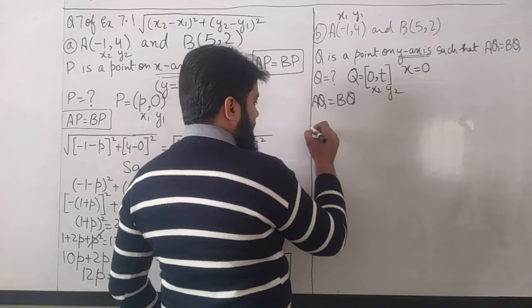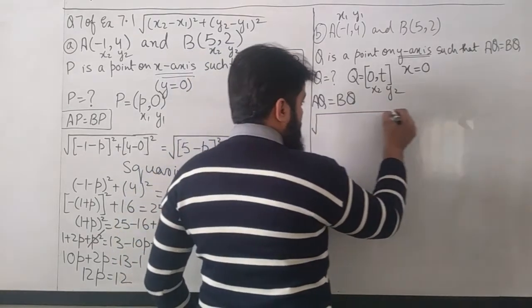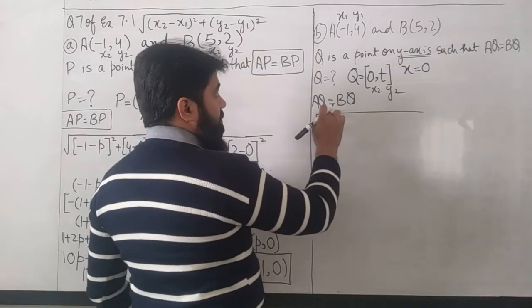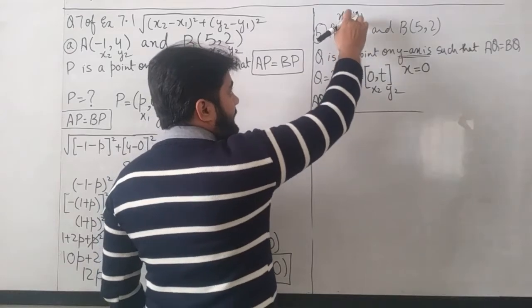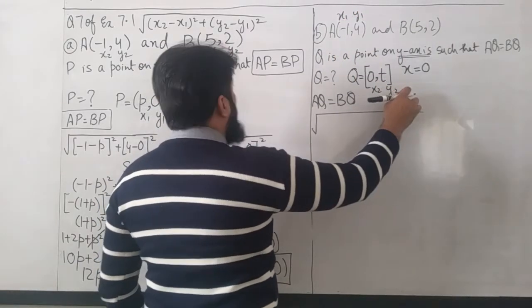So first of all, for AQ, okay, so A is x1, y1, and Q is x2, y2.